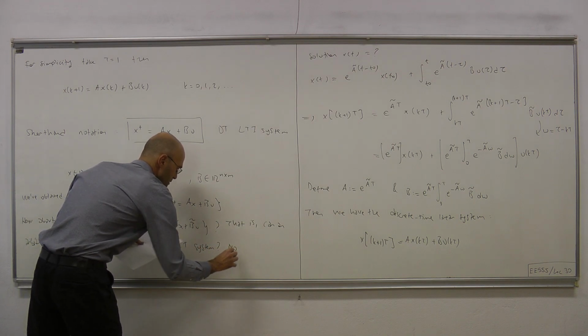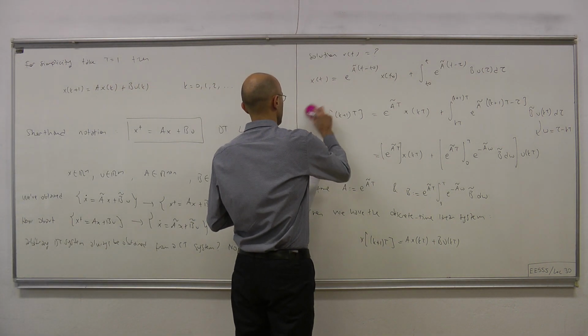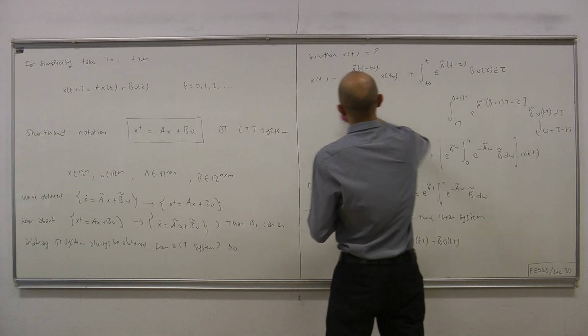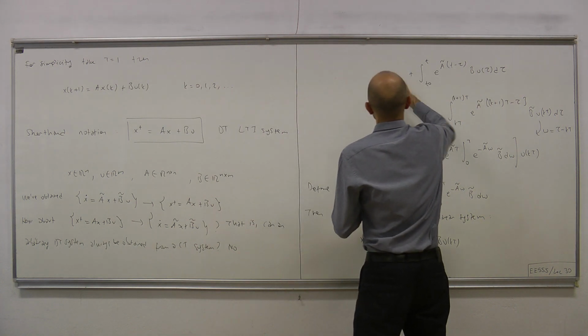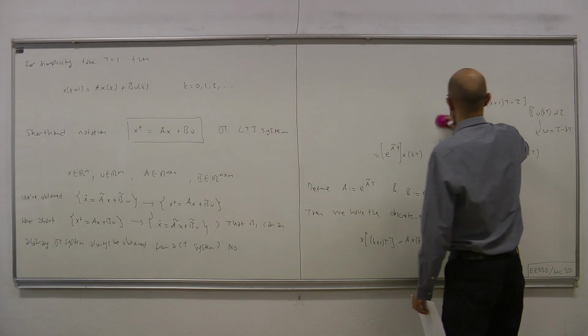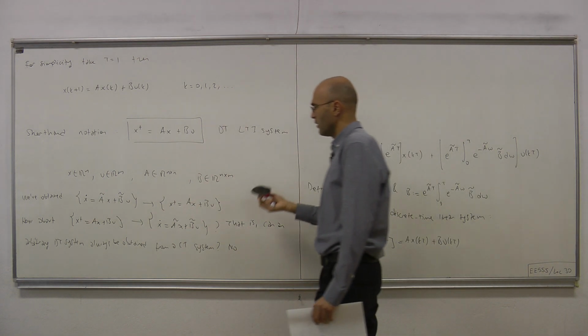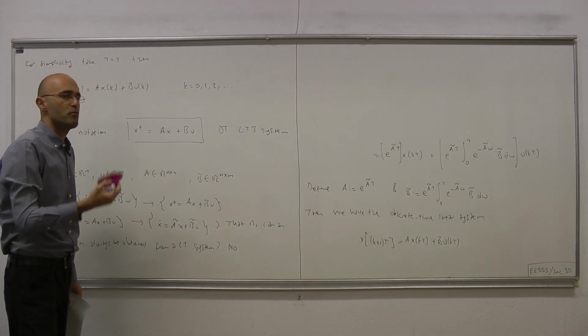Okay, the answer is no. And let's see why that's the case. Since the answer is no, that means in a sense that we can come up with discrete time systems through design. Those systems work in our computers, let's say.